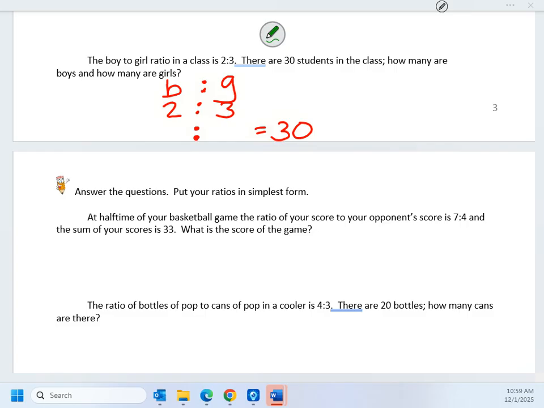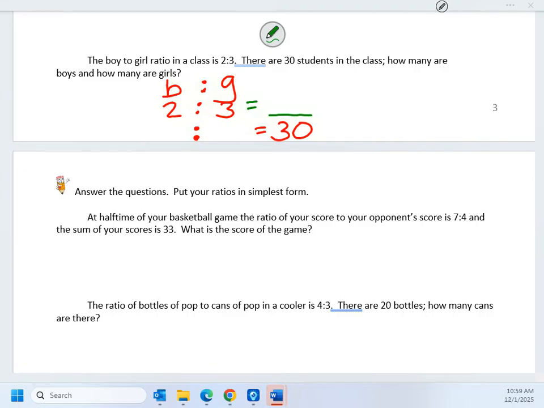Yeah, but I don't know which part of 30. So you're right, I do need to know 2 times what to get up to that 30. But there's something else I can figure out real easy right now. Any guesses? I know that I have a total down here. So that means I have to have a total up here.